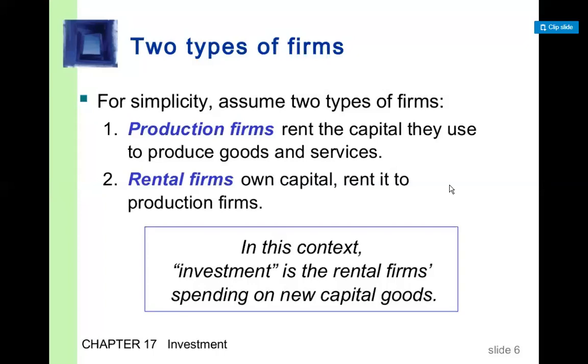Now, the second type is very interesting: the rental firms.